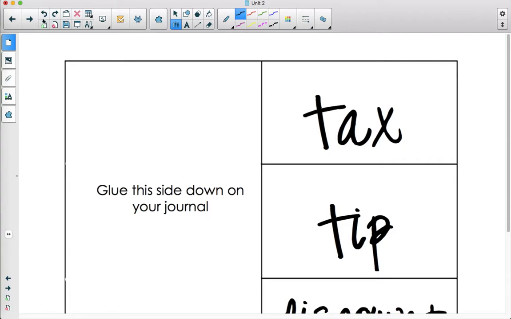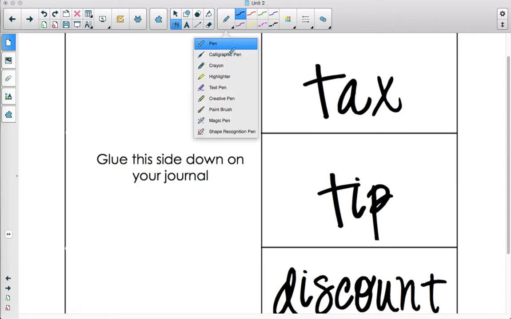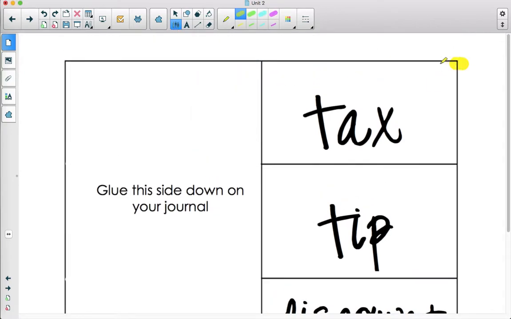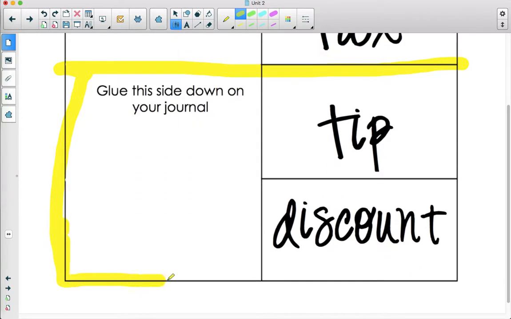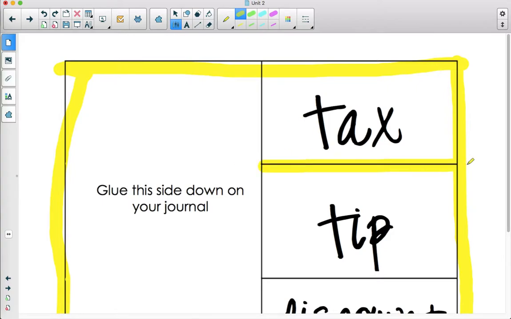So I'm going to go back to this. When you're looking at your foldable, what I need you to do is cut out this large rectangle. Cut this large rectangle out. And then you're also going to cut each of these flappy lines.